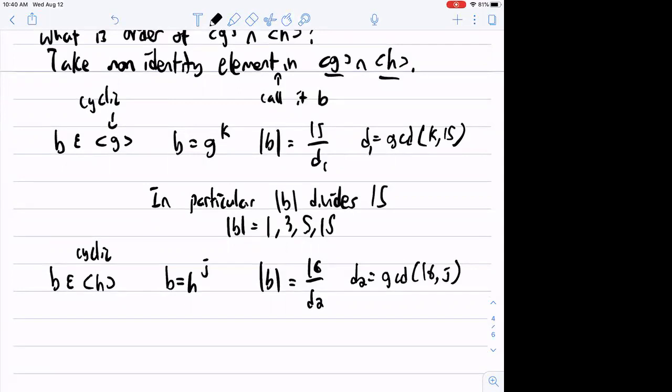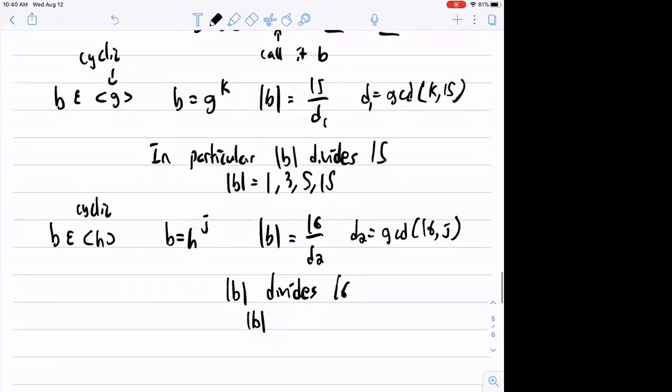In particular, the order of B divides 16. So the order of B must be 2, 4, 8, 16, or 1.